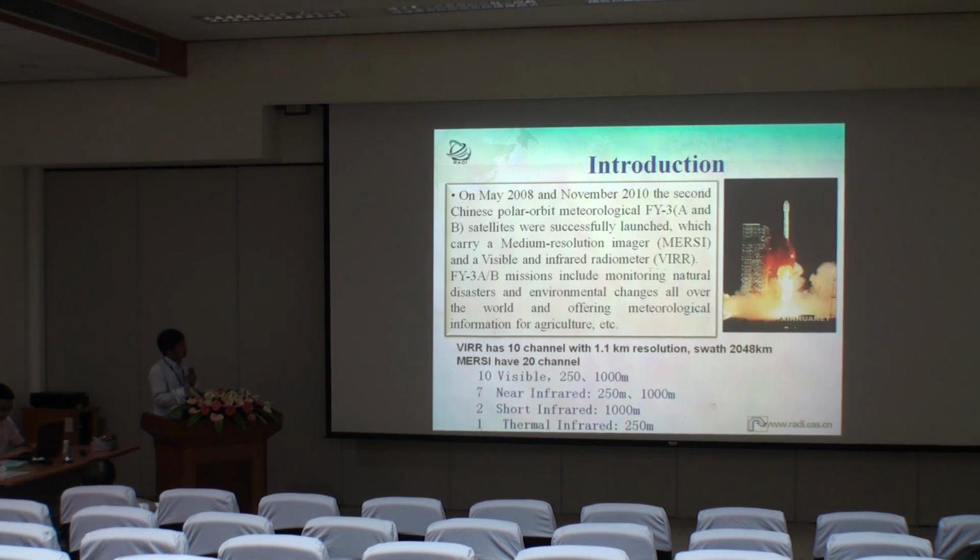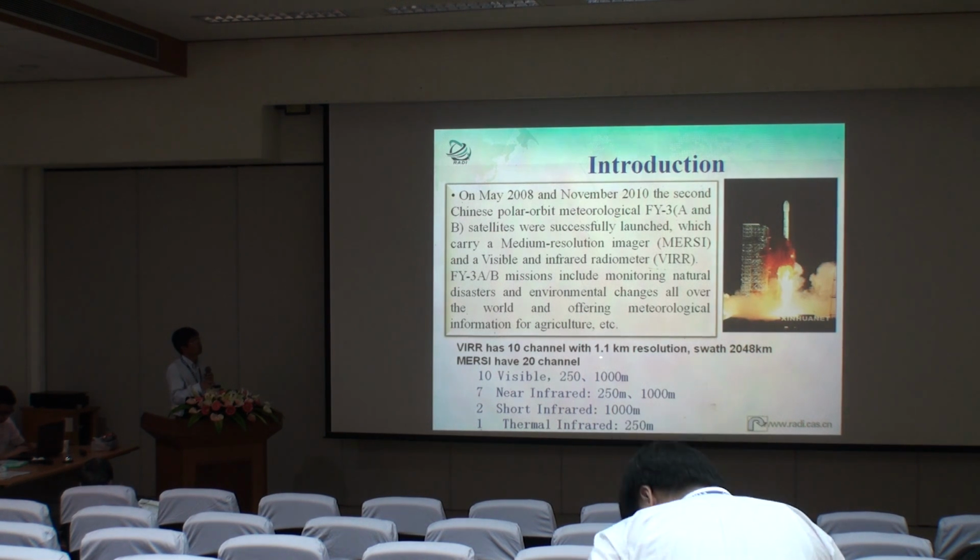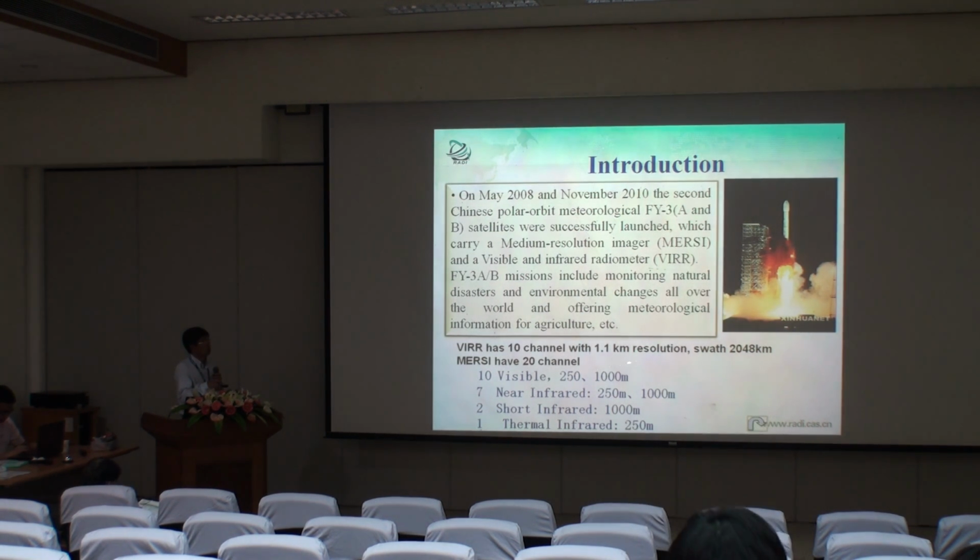So you see, we can have two kinds of spatial resolutions for a land surface temperature product. One is from the VIRR, which is 1.1 kilometer, and another one is the thermal infrared channel of the MERSI, which is 250 meters.